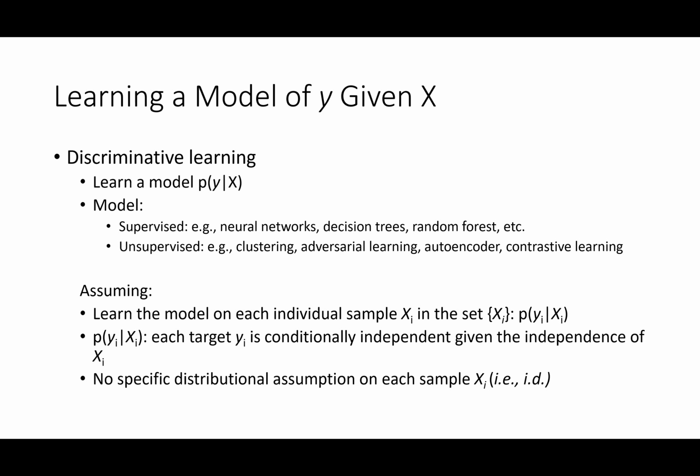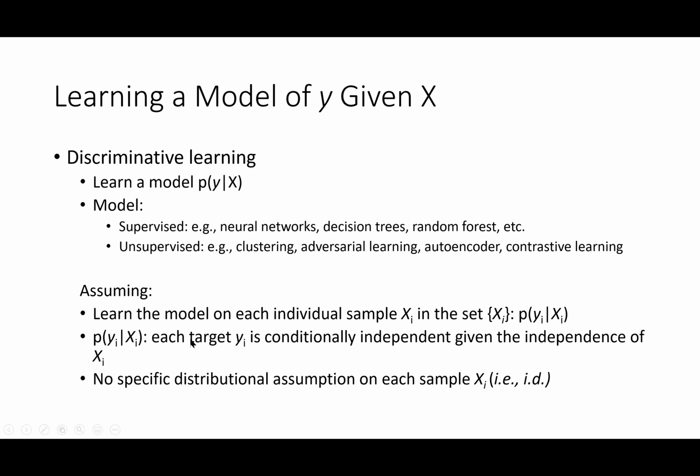But in the variational autoencoder, it could be a different story. And some other important ideas in deep learning, like adversarial or contrastive learning, also could be based on this discriminative learning principle.